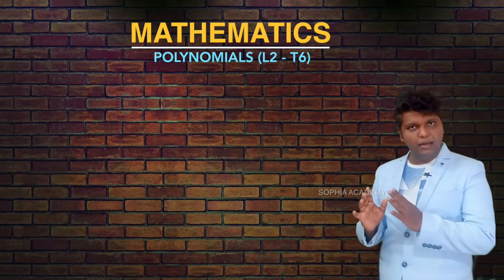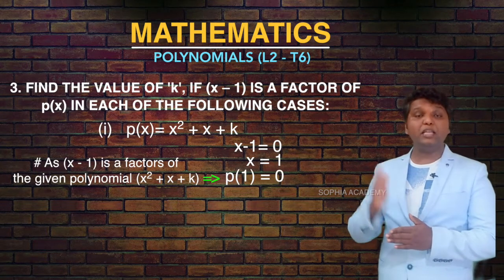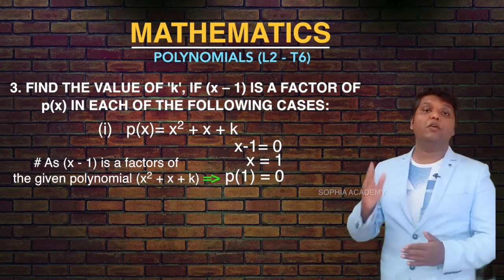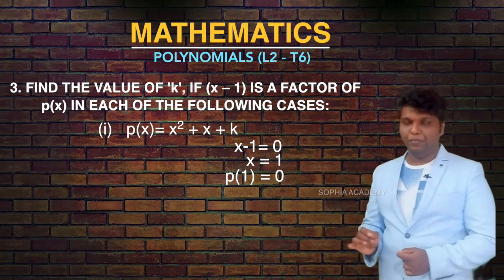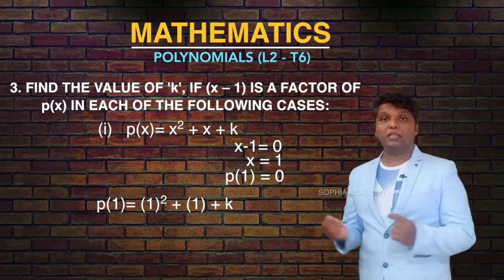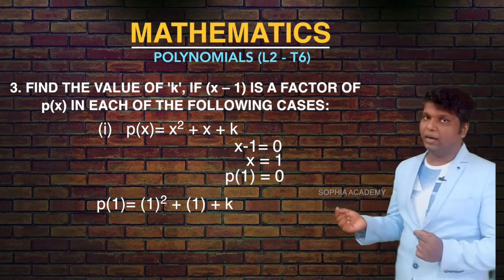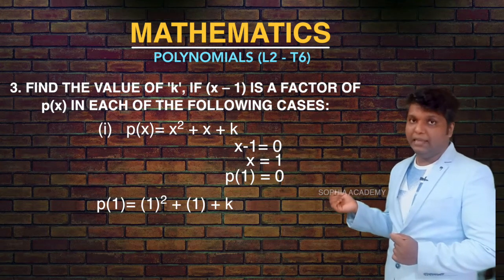So taking that into account, as x minus 1 is a factor, p of 1 is equal to 0. So we will write here p of 1 is equal to 0. Now what is p of 1? Wherever you see x, you have to substitute it with 1. So what will you write? x square plus x plus k, that was the p of x.